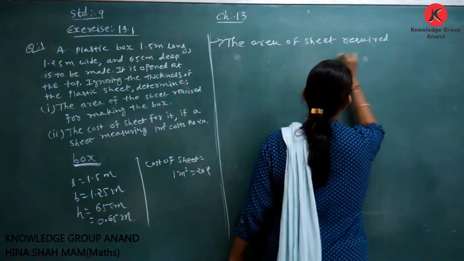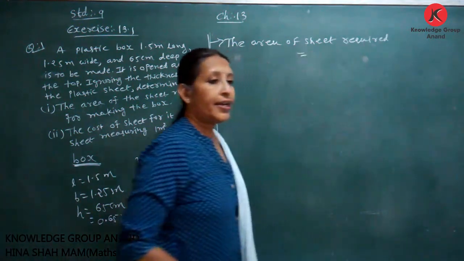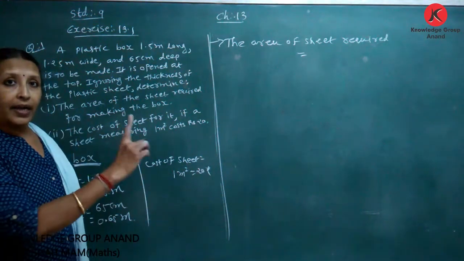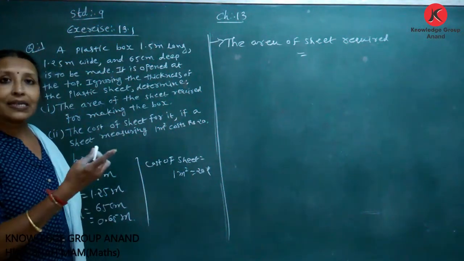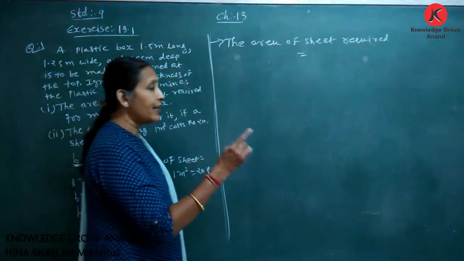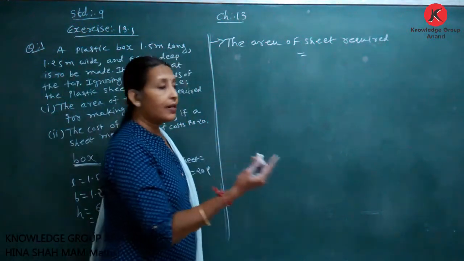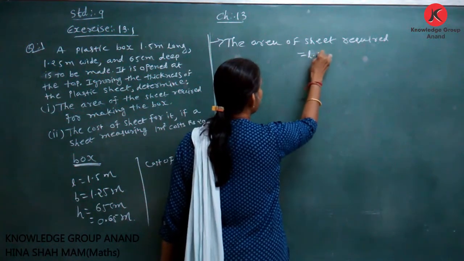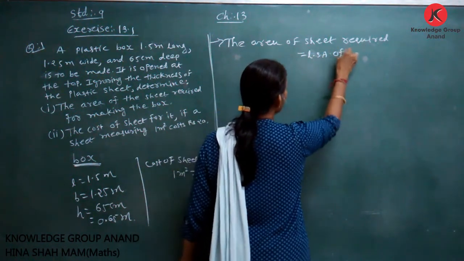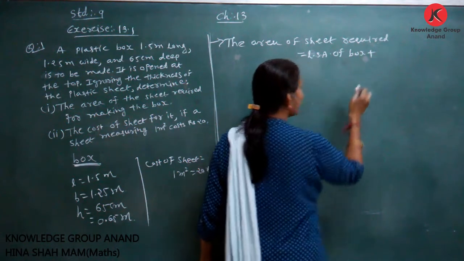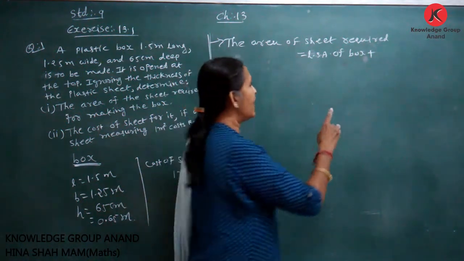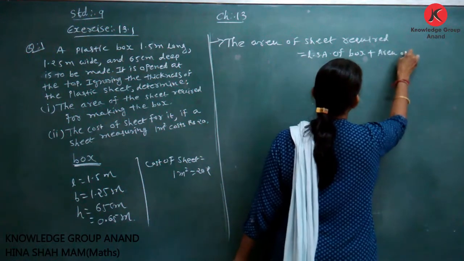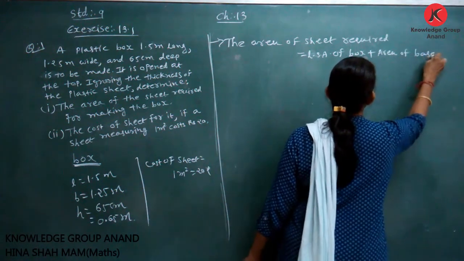Area of sheet required is equal to lateral surface area of box plus area of base.